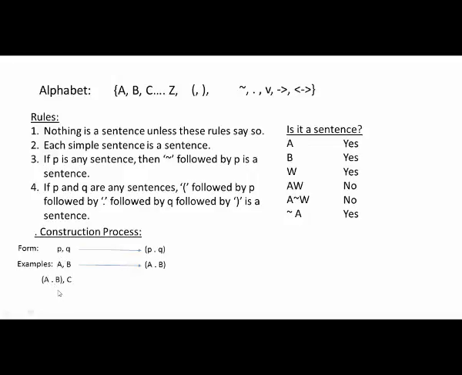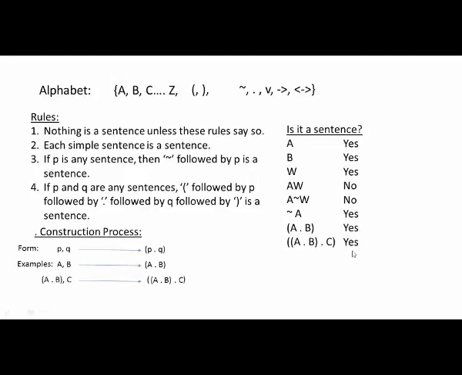And let's pick our Q to be C, so that we put those two sentences together, and we're going to put A dot B, and then put dot C, and enclose the whole thing in parentheses again. So we now have a sentence A dot B in parentheses, and we have another sentence with parenthesis, parenthesis, A dot B, close parenthesis, dot C, close parenthesis.